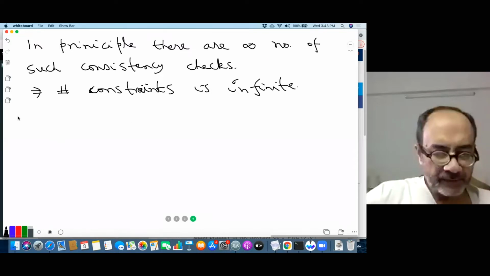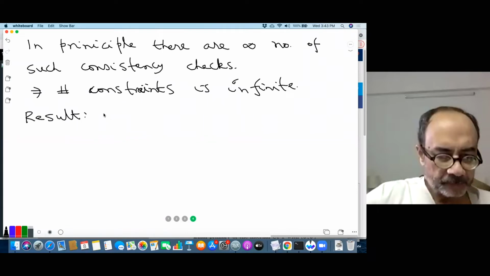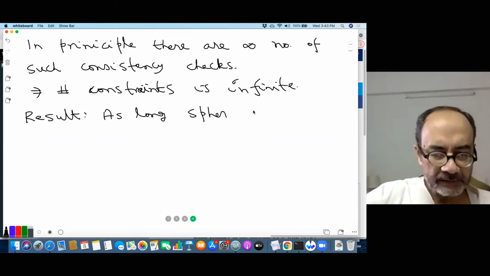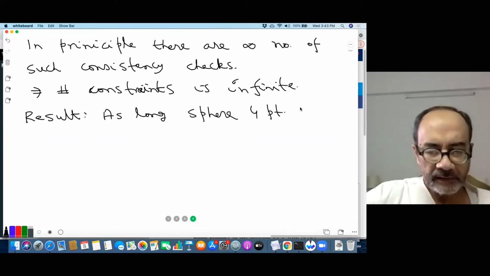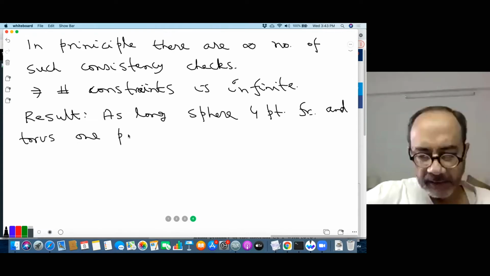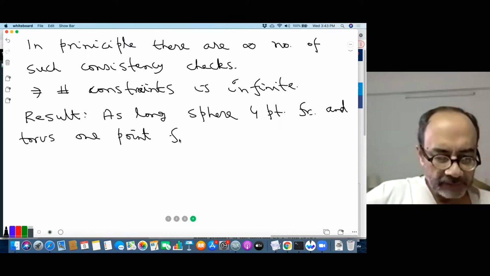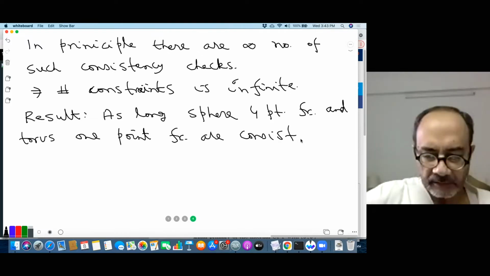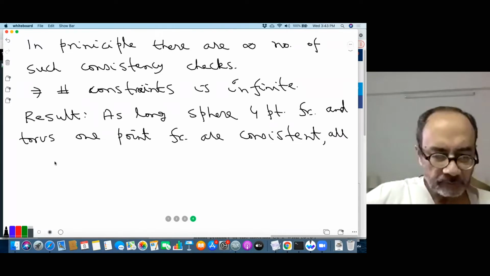Fortunately, there is a very useful result, which says that as long as sphere 4-point function and torus 1-point function are consistent, all higher genus correlation functions are also consistent.